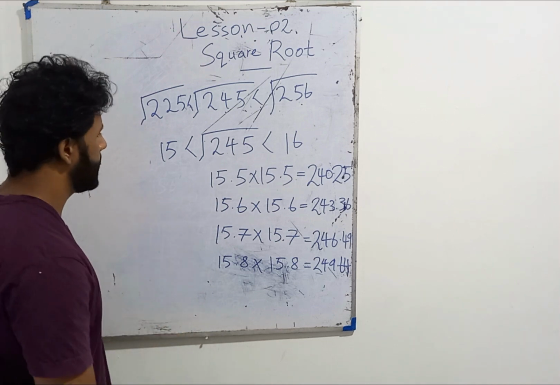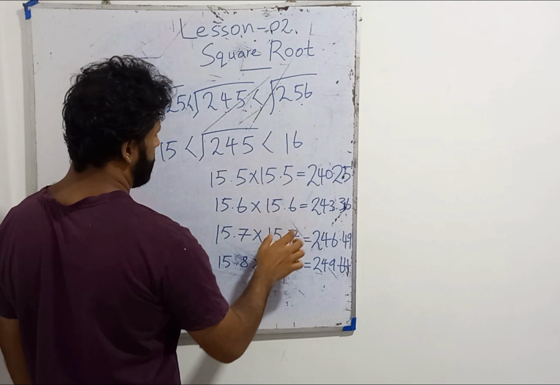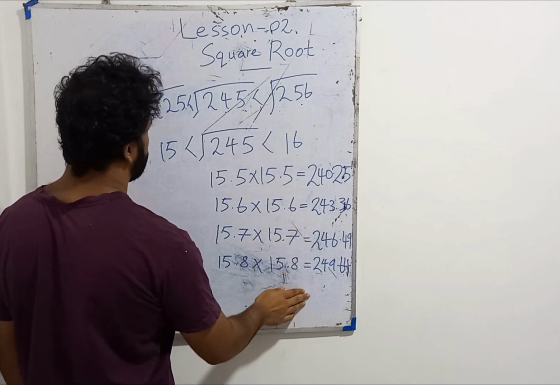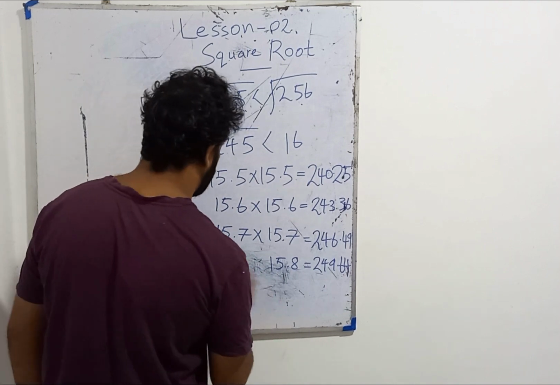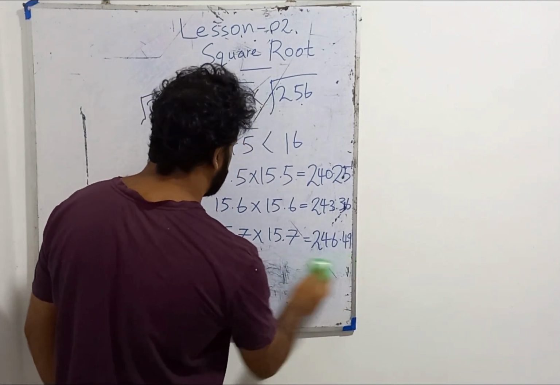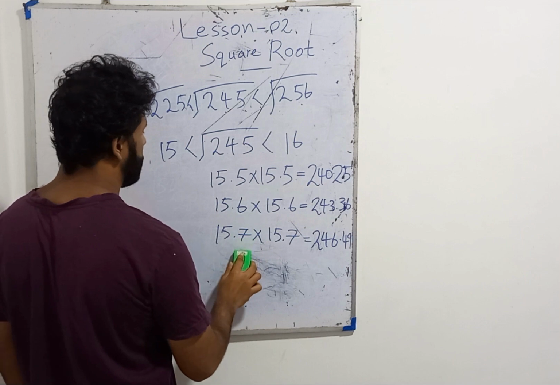You can see you have to consider 15.7. Now you don't have to consider 15.8, it is not necessary. Just consider 15.6 and 15.7.